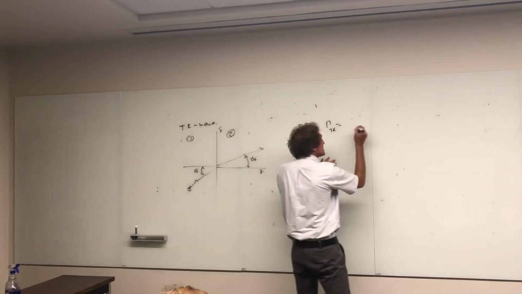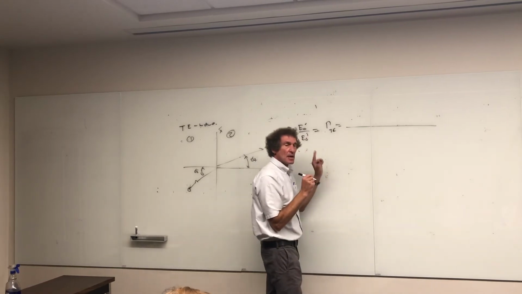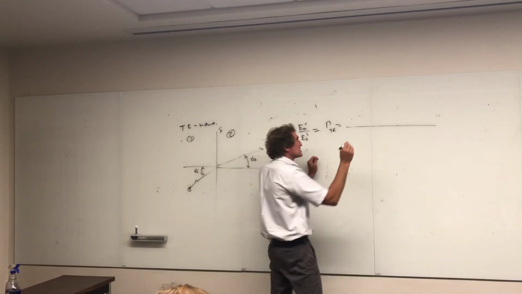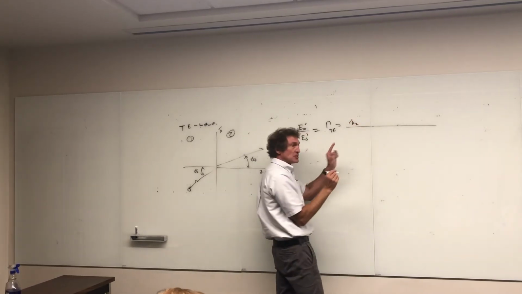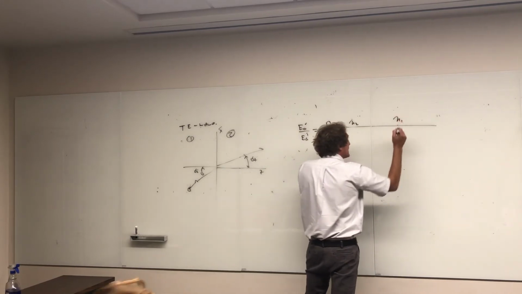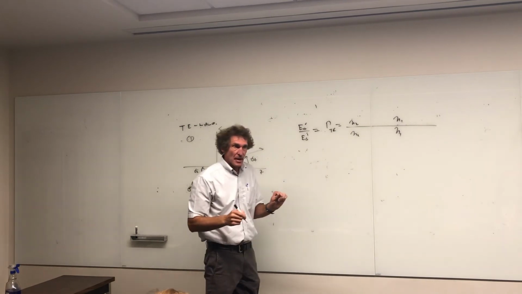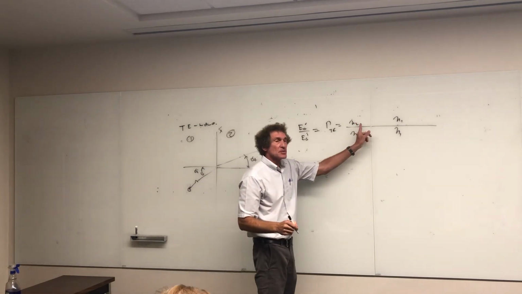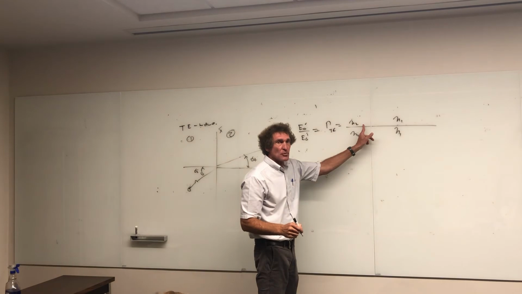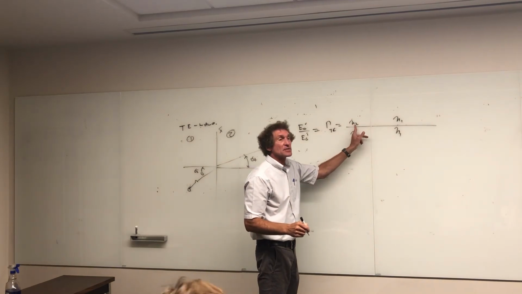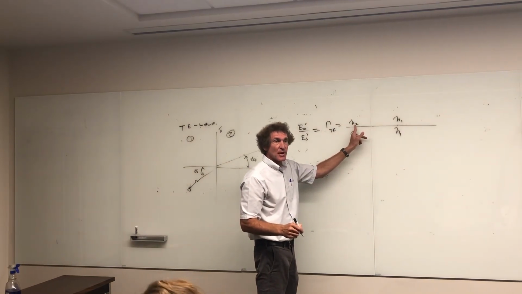That's always equal to, and listen to the way I do this now. Don't write anything except put eta 2 here, because that's the region you're going into, eta 1 here, then eta 2 here, eta 1 here. Got me? Now, the coefficient of this will be the cosine of the angle of the incident, not of the transmitted wave. The transmitted wave is in region 2.